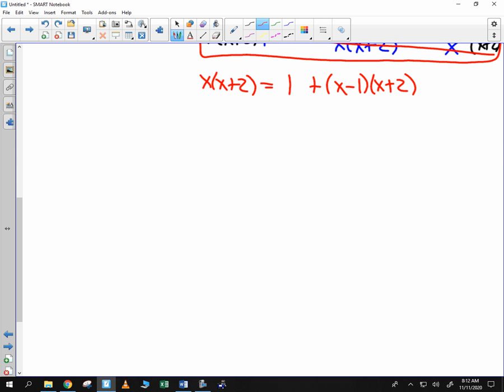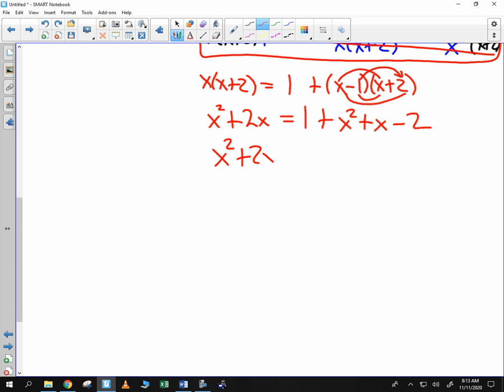Notice in this situation, x times x is x squared. X times 2 is 2x. We have 1. As we multiply this out, we get x squared. Negative 1x and positive 2x make 1x. And negative 1 times 2 is negative 2. X squared plus 2x equals, I'll gather my like terms, 1 and negative 2 are like each other, so negative 1 plus x squared plus x.